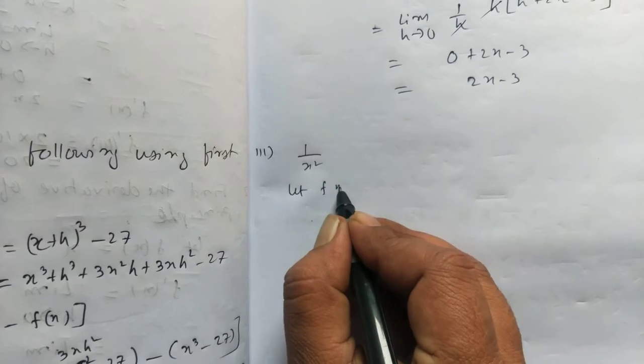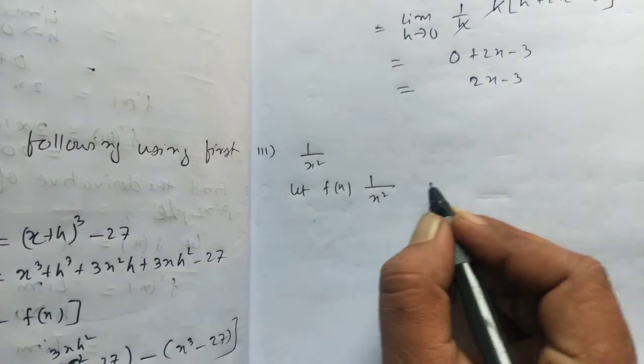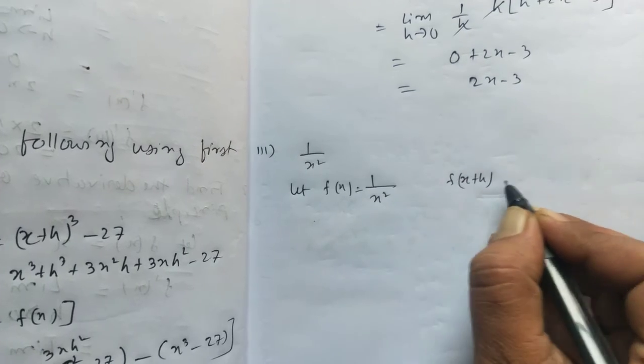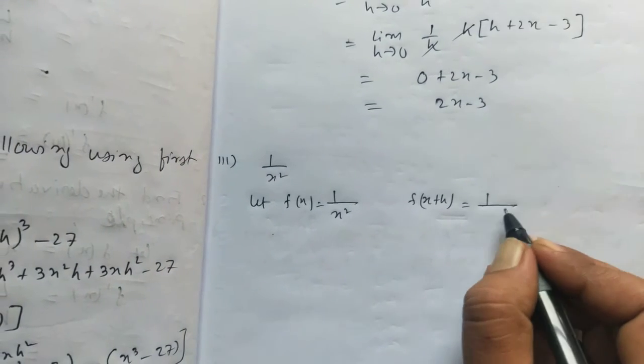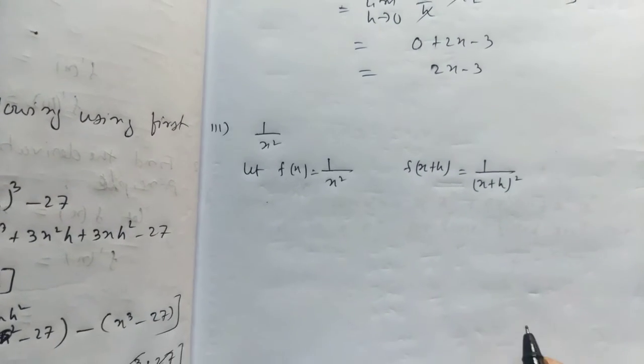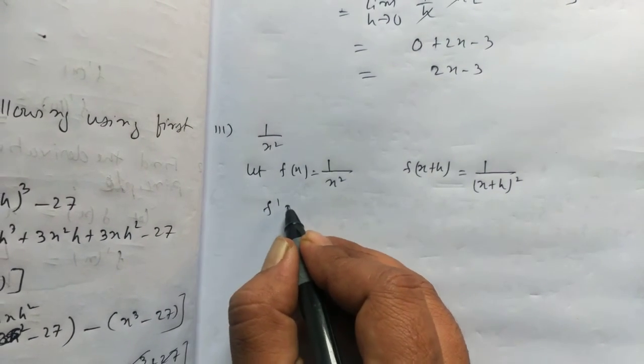Let f(x) = 1/x². So f(x + h) will be 1/(x + h)². Now use the formula.